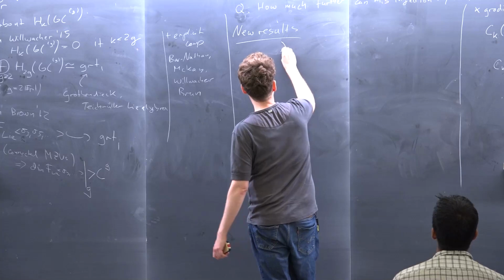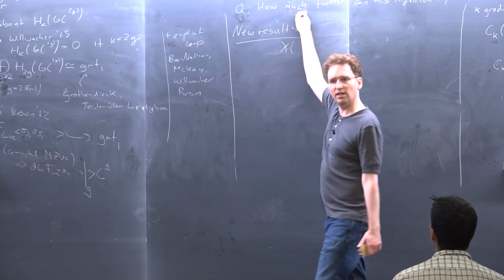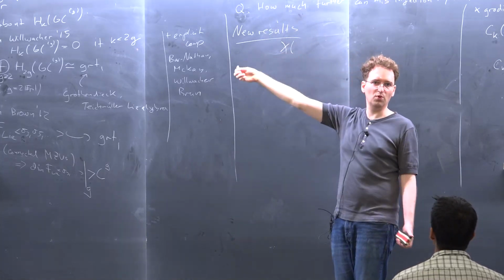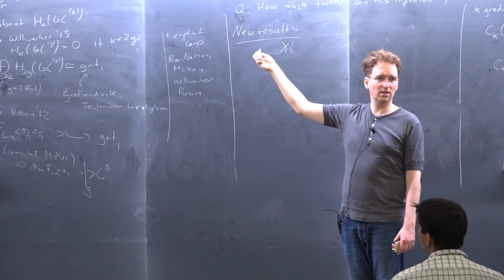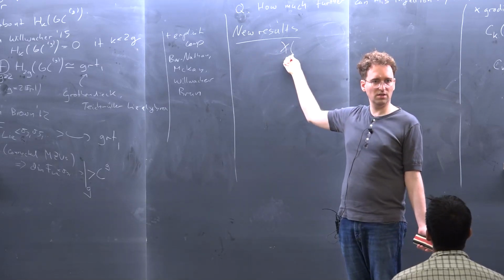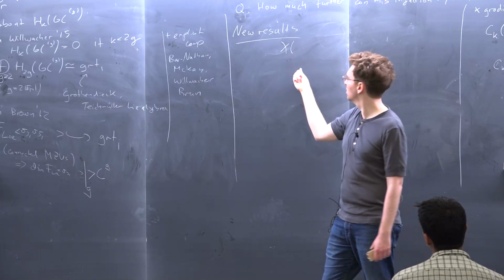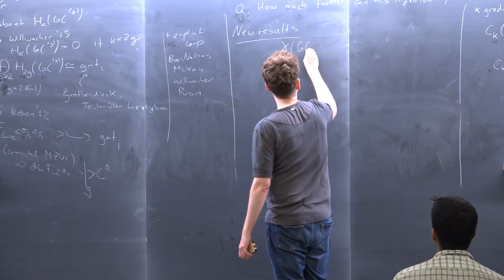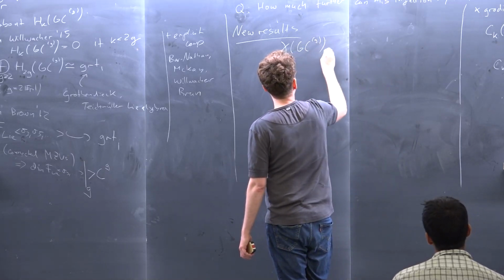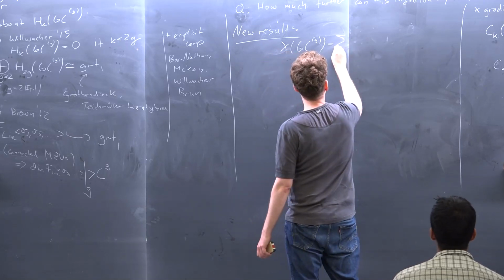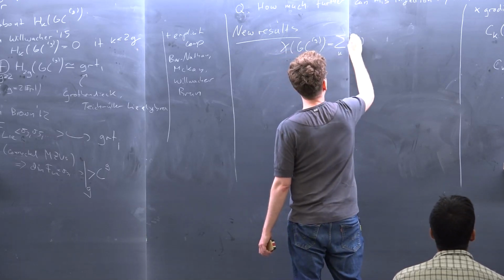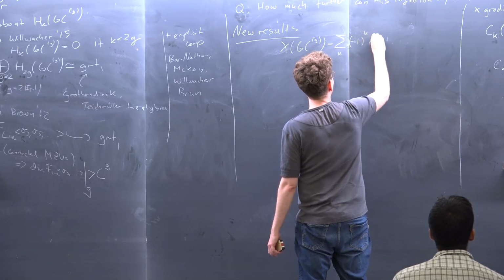You can investigate this question just as before, by looking at the Euler characteristic of the graph complex. So the Euler characteristic of the graph complex is just the alternating sum of the Betti numbers.